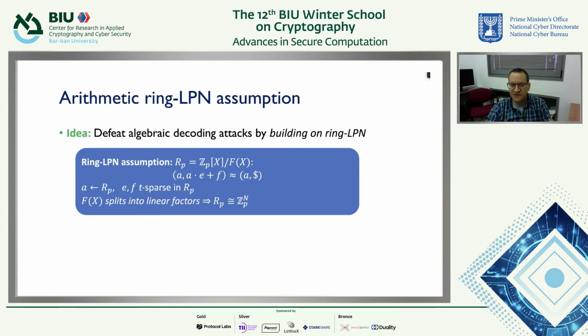So this is a dense polynomial which is public, so we can compress it because it has a short description. But the secret polynomials, both the noise and the LPN secret, are sparse, so we can secret share them using function secret sharing with low communication. And the ring LPN assumption says that if you know the public dense polynomial and you don't know these two sparse secret polynomials, then the output looks pseudorandom.